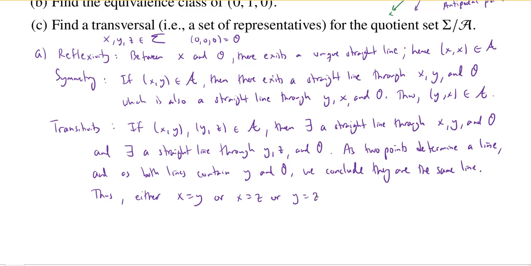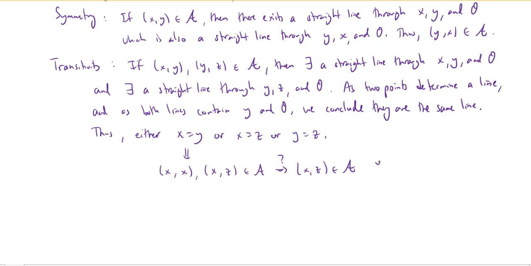Those are the 3 cases we have. In this first case, if x is equal to y, then we're asking, if we know that (x, x) and (x, z) are in A, does that imply (x, z) is in A? And of course, it does, because we just said it over here on the left. (x, z) is in A. All right, so yes.